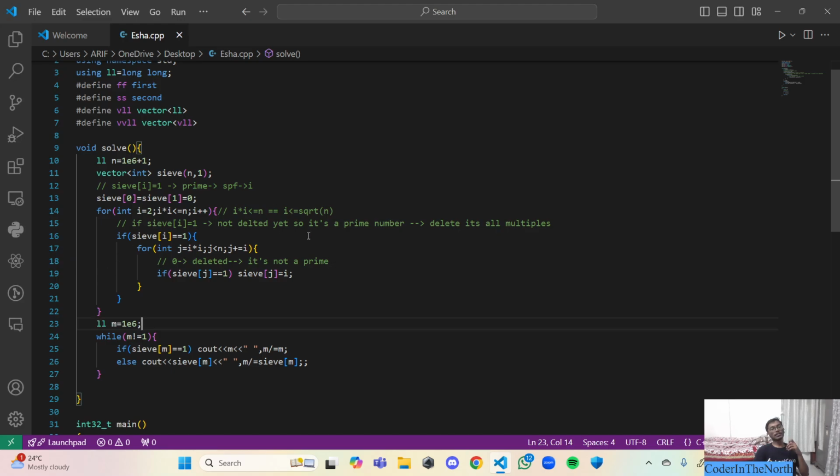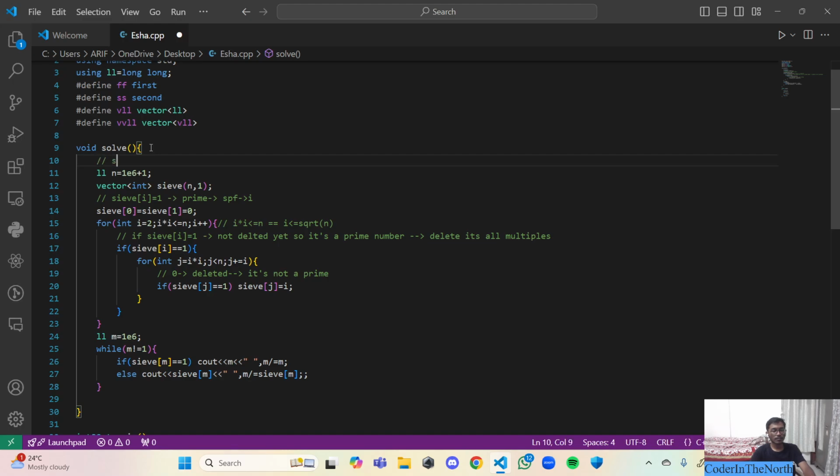So this is the application. Where did it start? It started from the sieve. From the sieve, we got the smallest prime factor, which is SPF. After that, we did prime factorization. This is how we got here.